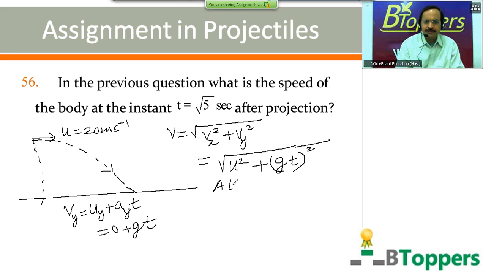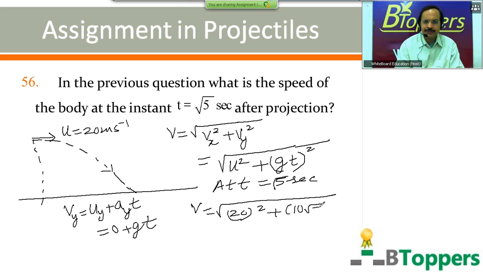You are asked to find the magnitude of velocity at the instant t equal to root 5 seconds after projection. So we have to substitute t equal to root 5 seconds. You can substitute u equal to 20 meter per second, g equal to 10 meter per second square.